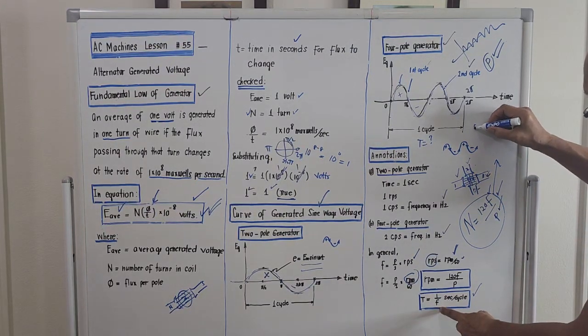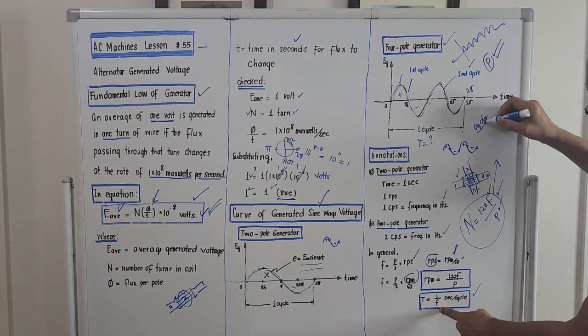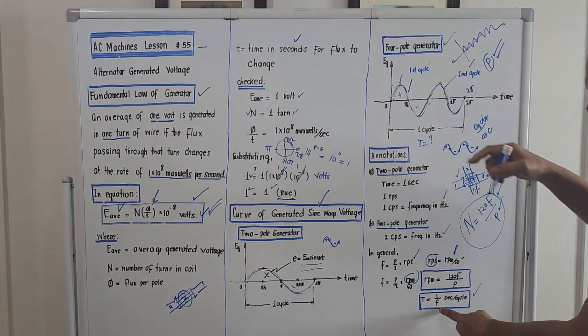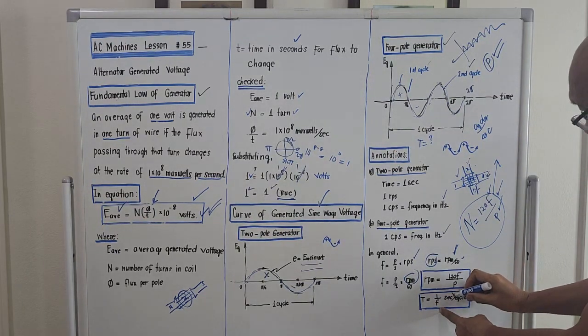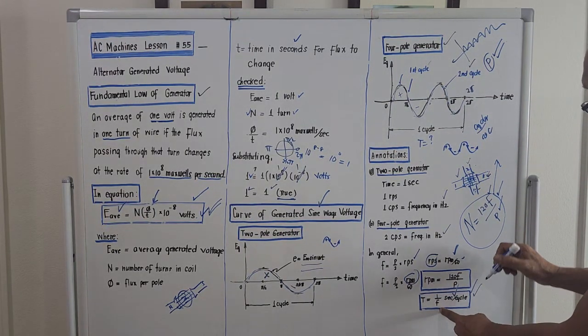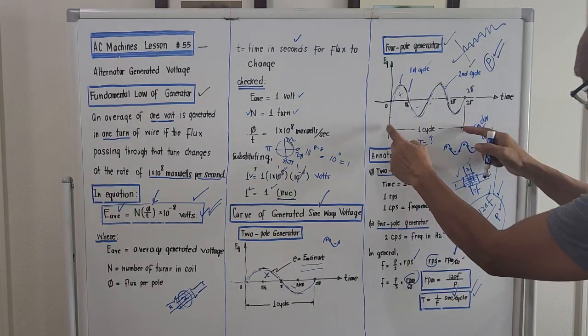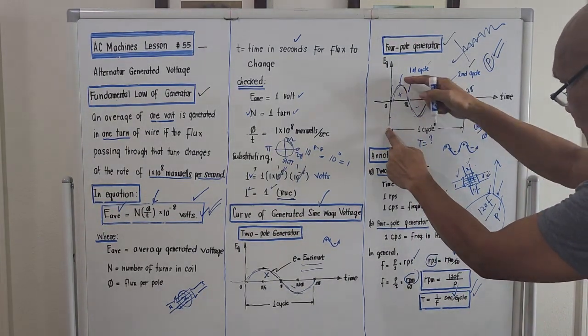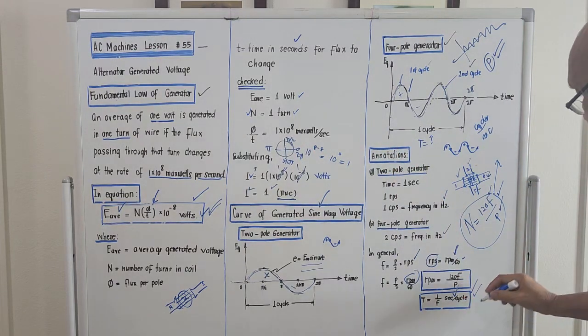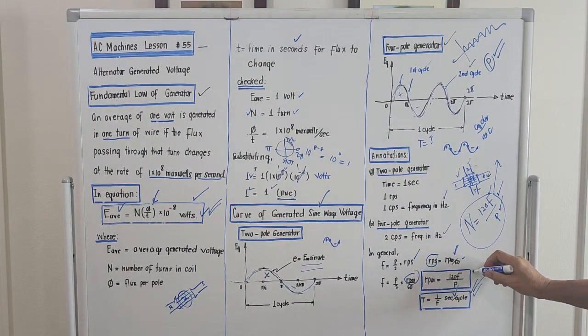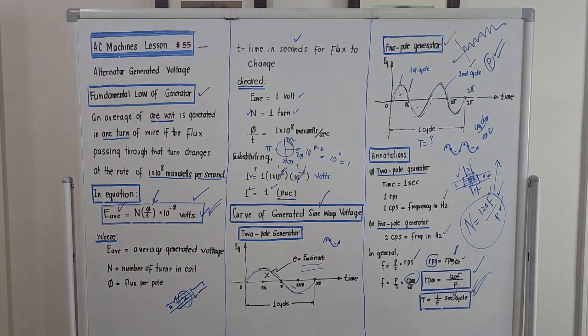Because frequency is cycles per second, if we take the reciprocal, the unit will become seconds per cycle. It will tell us how many seconds will elapse before this complete cycle will be finished. That's the third formula.